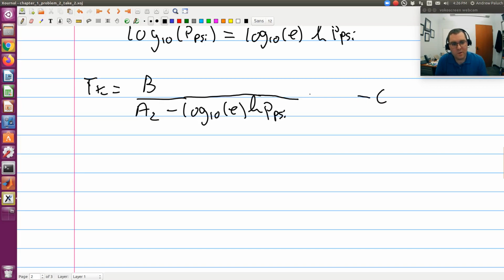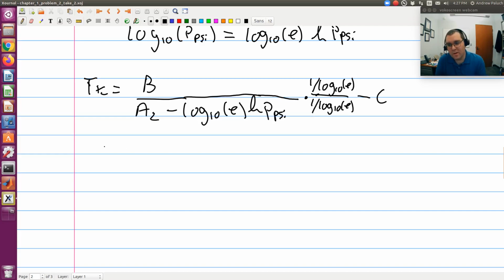Rather than 1, I'm going to write log base 10 of e over log base 10 of e, where log base 10 of e is just a constant. To further clarify, I'm going to write it as 1 over log base 10 of e divided by 1 over log base 10 of e.